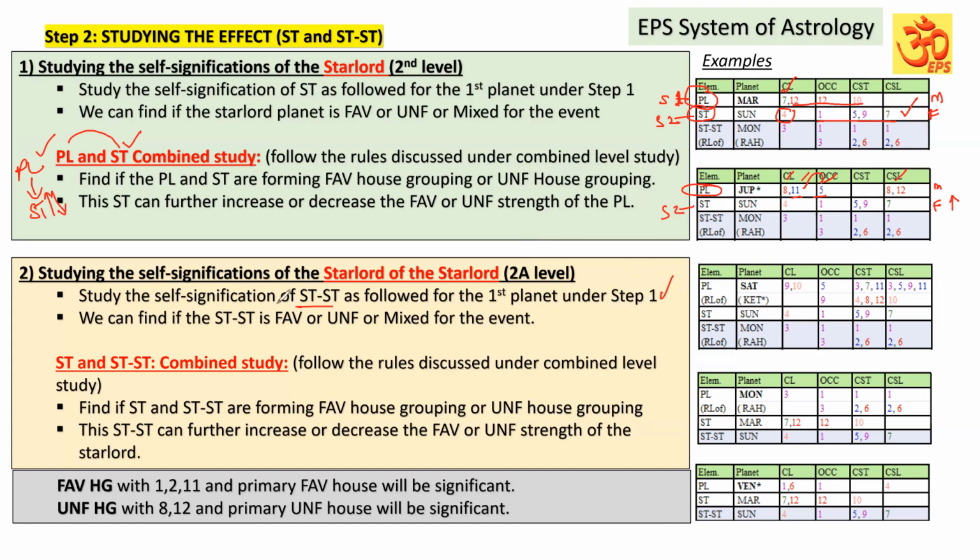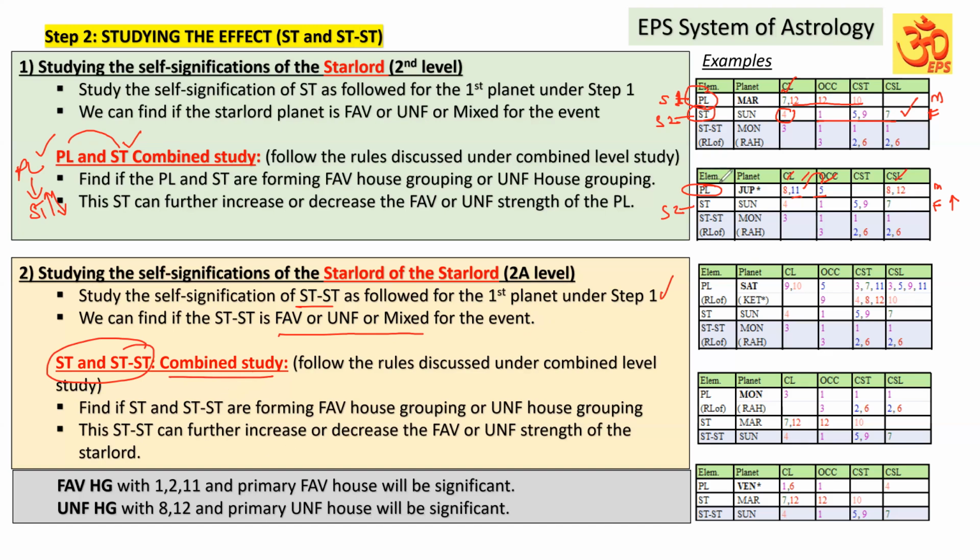Further studying the self-signification, we can find whether that Starlord of the Starlord planet is favorable, unfavorable or mixed for an event. That way we study the Starlord of the Starlord planet's self-significations. Now, once we have studied the Starlord of the Starlord's self-signification, we have to do the Starlord and Starlord of the Starlord's combined study.